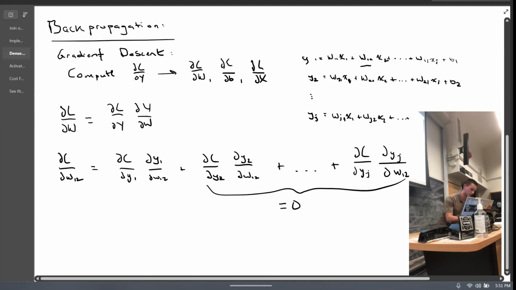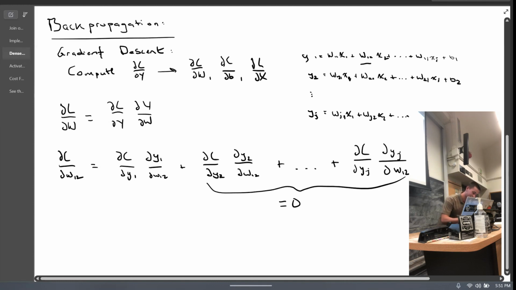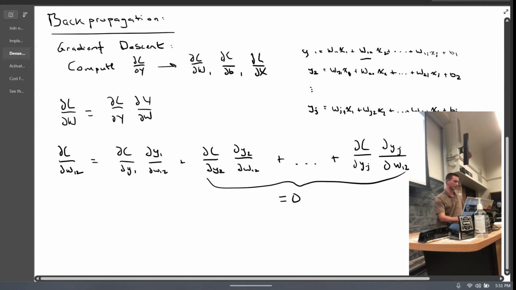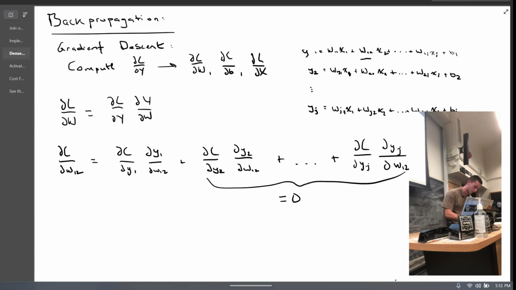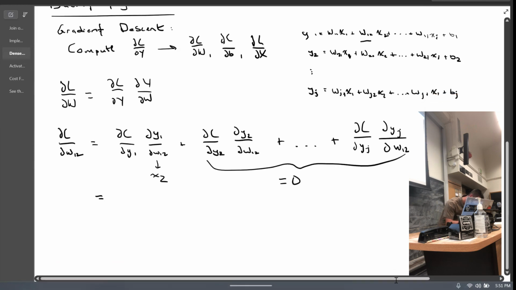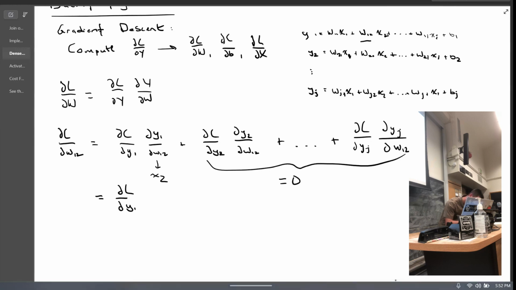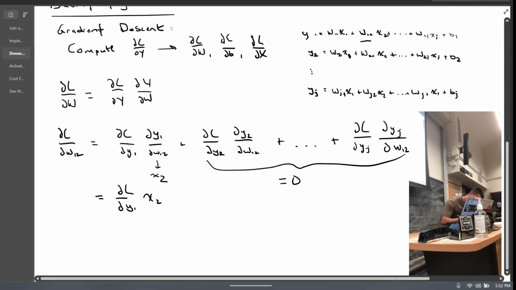If we look back at this equation, we're trying to find the derivative of Y1 with respect to W12. Well, that's just equal to X2. So we see that this is just equal to partial C, partial Y1, times X2.